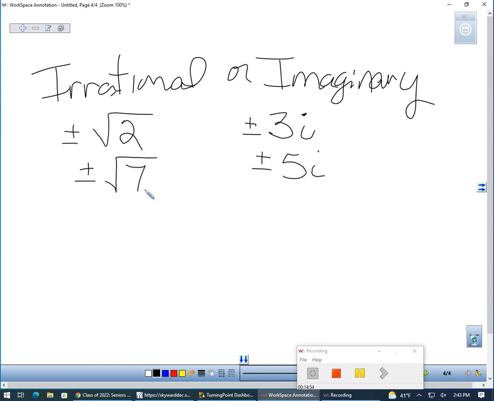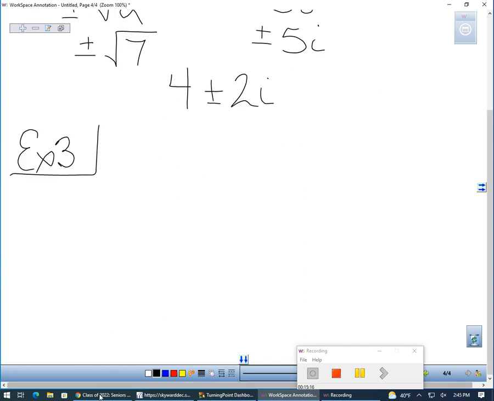And if I put them together, let's say I had 4 plus 2i, I would also have 4 minus 2i. All right? So when you have those irrational and those imaginary numbers, you have the opposite as well. So for example number 3, problems 18 and 20.